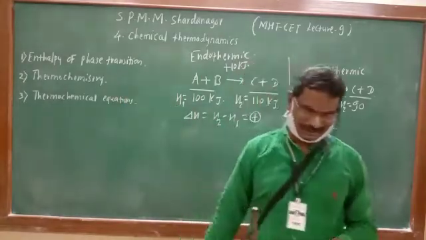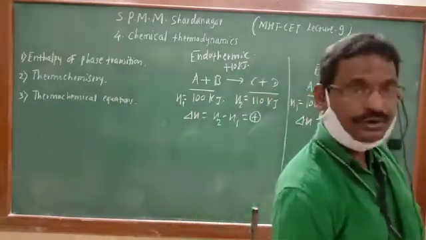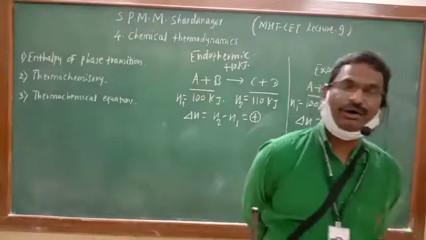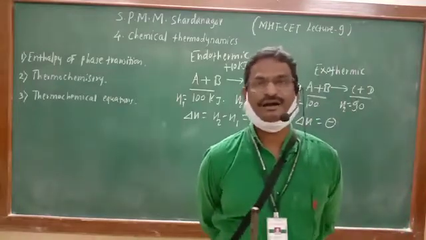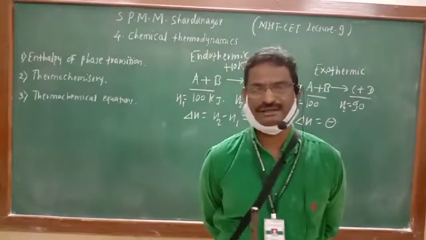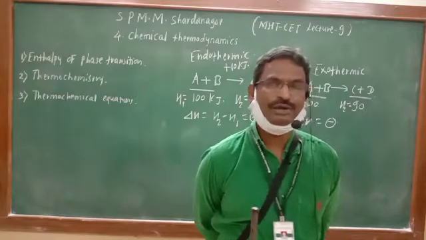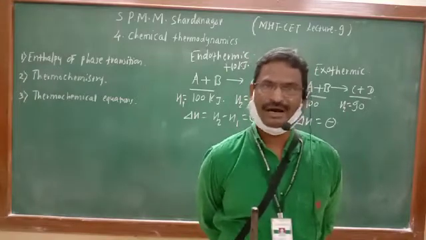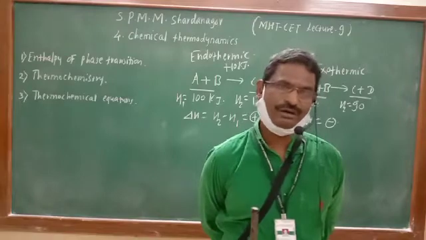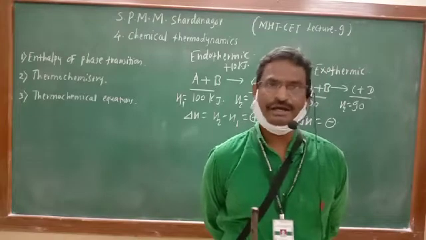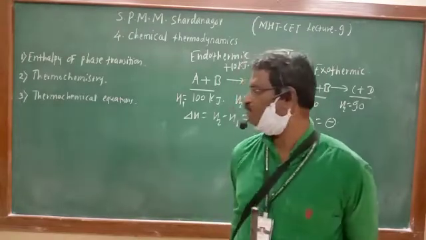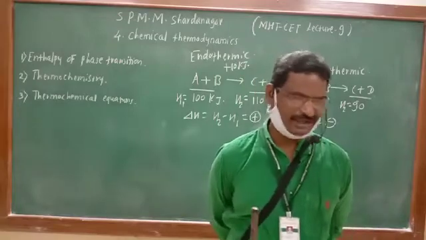So thermochemistry is a branch of chemistry which deals with the study of heat changes accompanying chemical reactions. Accordingly, two types of chemical reactions are studied with the help of thermochemistry. They are endothermic and exothermic chemical reactions.